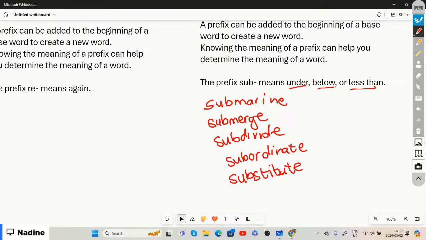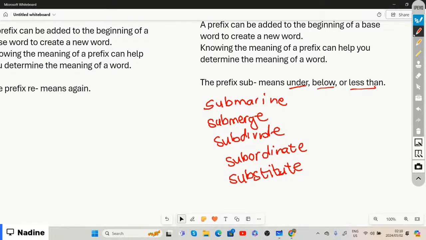So once again, when it comes to prefixes, remember a prefix is at the beginning of a base word. A base word is a word that can stand on its own. Then you can latch a prefix to the beginning of that base word to create a new word, right?